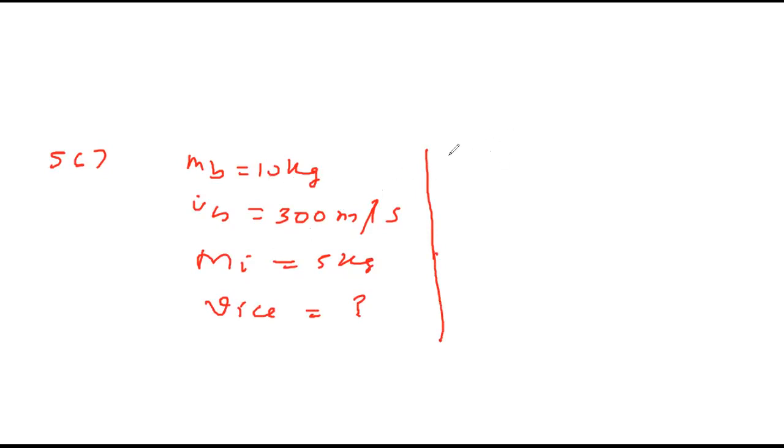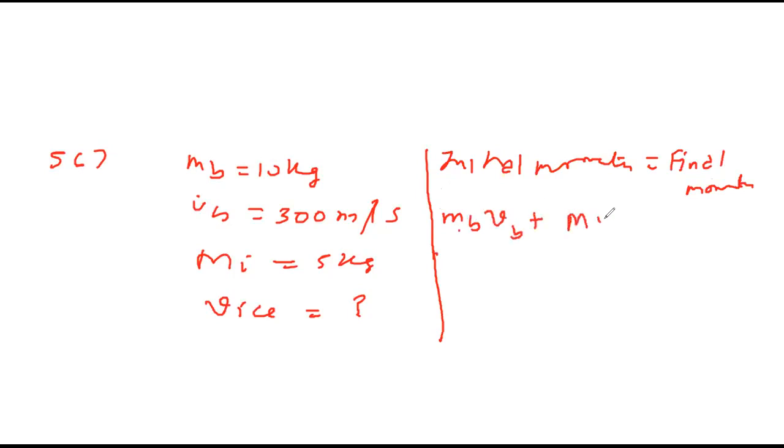Mass and velocity are given. Initial momentum equals final momentum. Initial momentum of the bullet is mass times velocity, and the ice is at rest at the start.